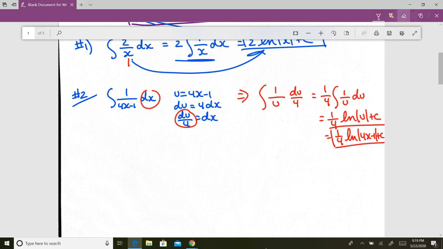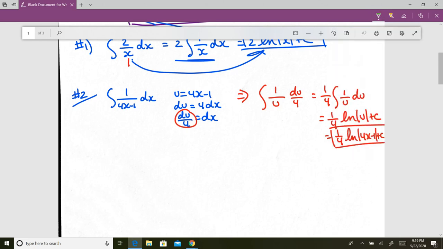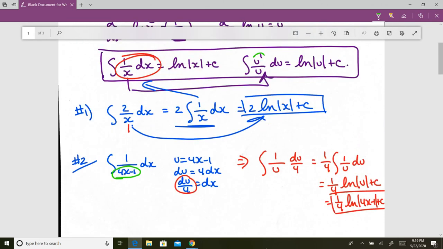Now, there is a slightly faster way to do this once you get good at this, and it is called pattern recognition. It takes a bit of practice, but if you look at the bottom, quickly in your head you go, what's the derivative of the bottom? 4, all right? So if I had a 4 up top, it would match this formula.